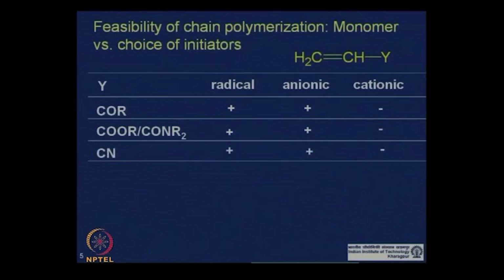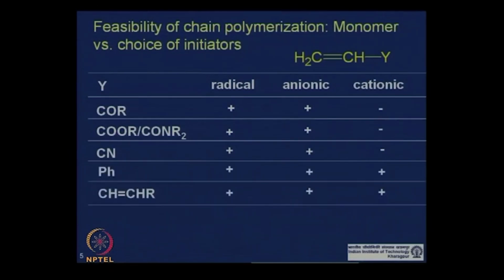If you have a nitrile, again it can be polymerized by radical and anionic, not by cationic. If you have a phenyl group as the substituent, as in the case of styrene, then it can be polymerized by all three. And if you have another double bond hanging from the original double bond, then also it can be stabilized by any of these three mechanisms, anionic, cationic and radical. So, it can be polymerized by all three mechanisms.